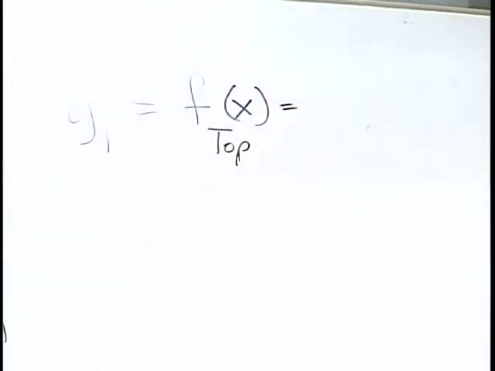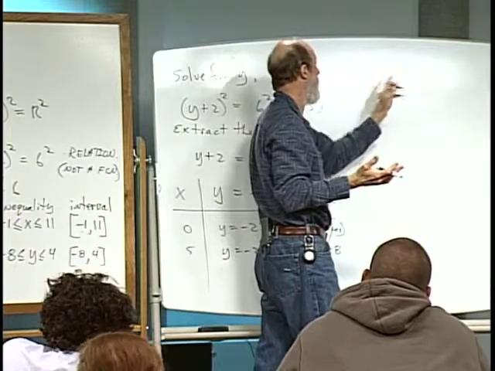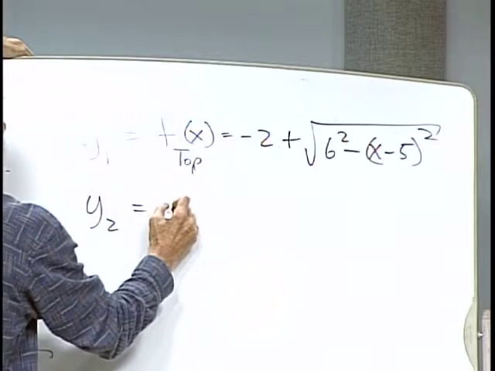So anybody want to suggest what the equation is? y equals -2 plus, right, the radical of 6 squared minus the quantity x minus 5 quantity squared. Okay? And similarly, I could set up another function.